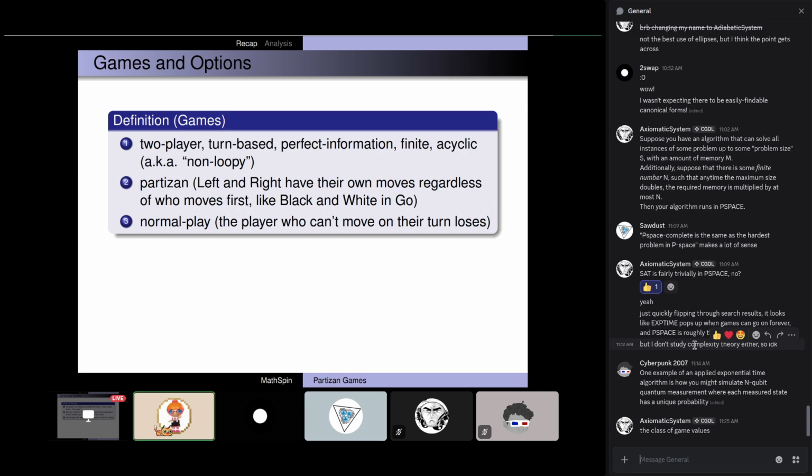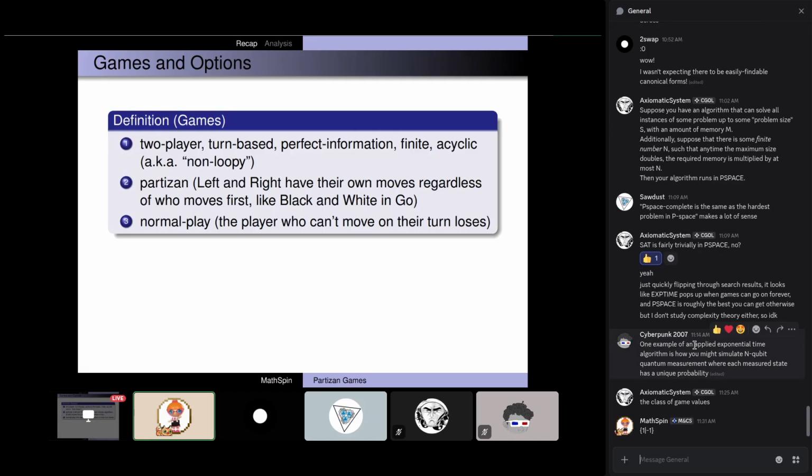The game I said out loud, which I will type in the chat, where left can move to 1 and right can move to -1, is very different from a surreal because for one thing, it's incomparable to 1 and 0 and -1.